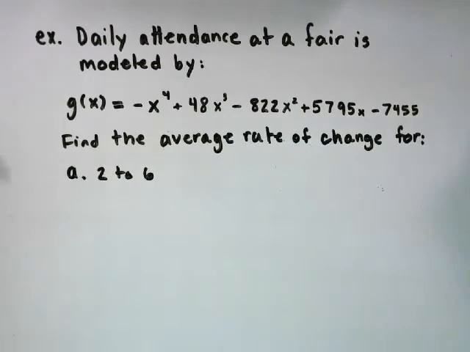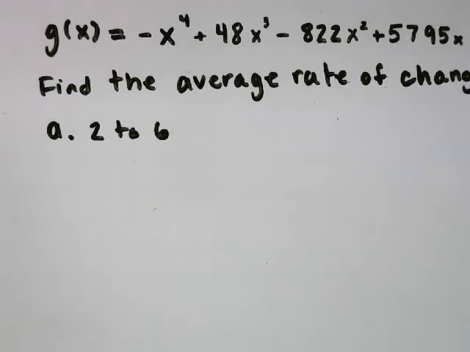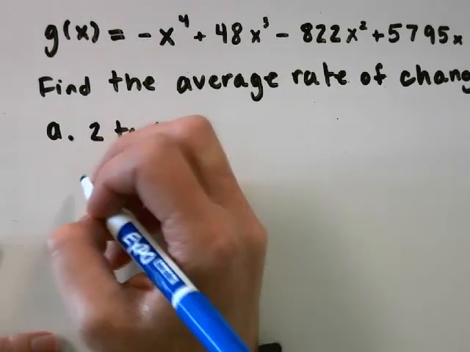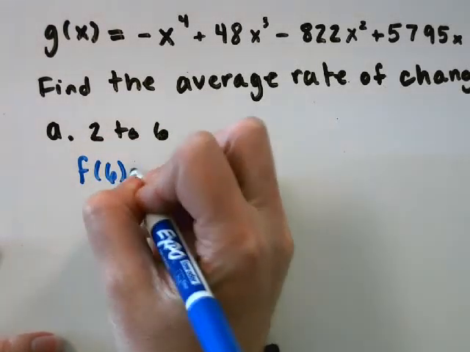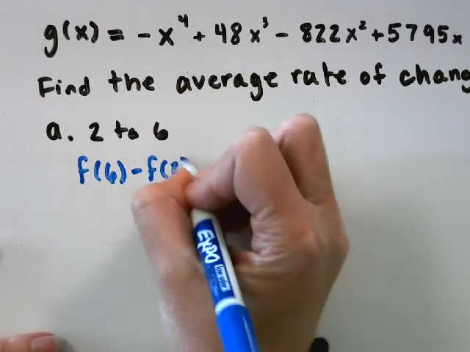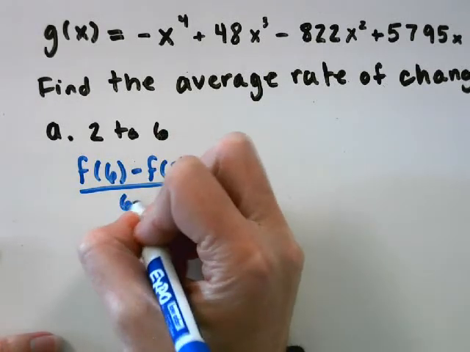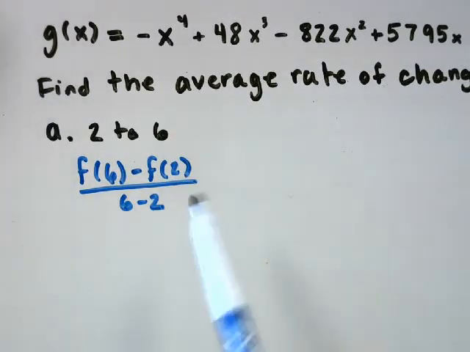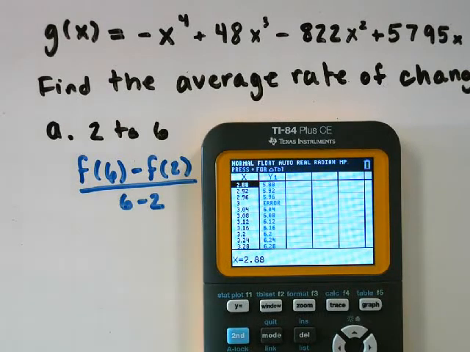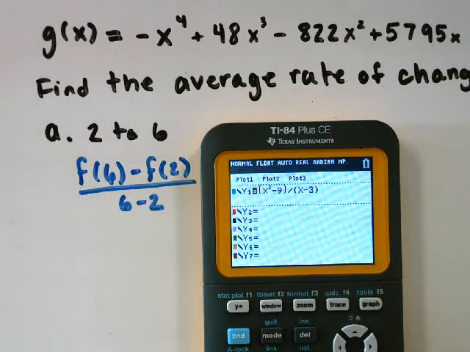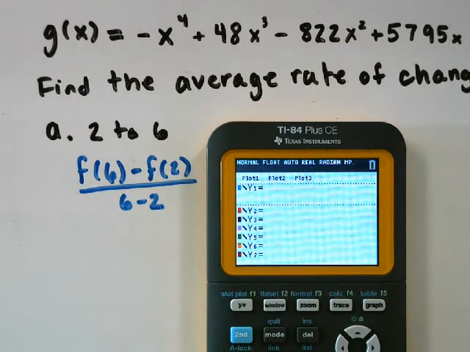I'm going to show you how to do this in the calculator. So to find the rate of change, we want f of 6 minus f of 2 over 6 minus 2. But plugging it into this equation is going to be tedious. So we can do it by just plugging in the equation once. So go to y equals, and you're going to type that whole equation in.